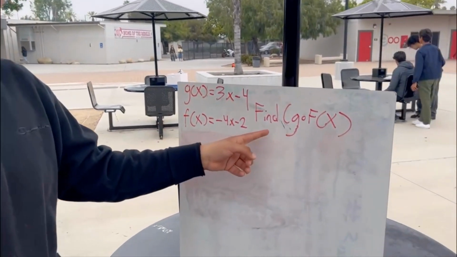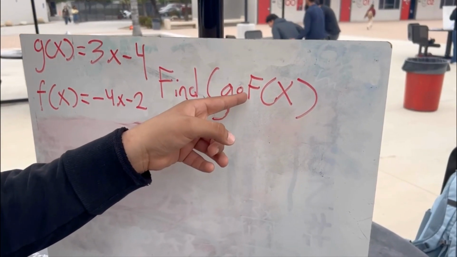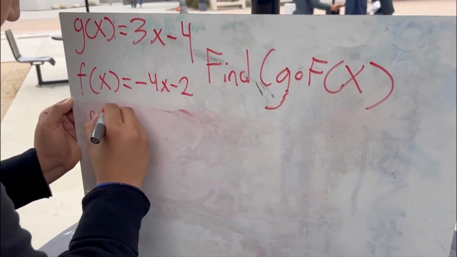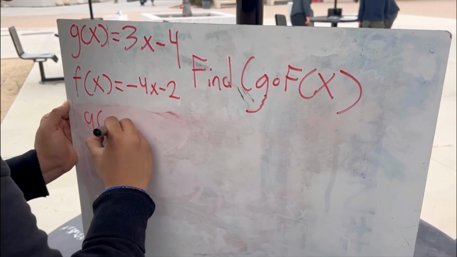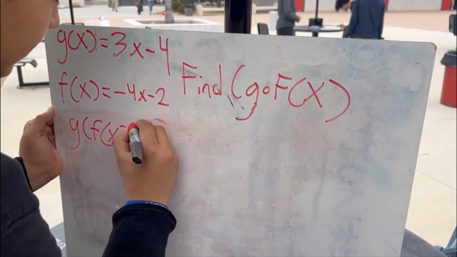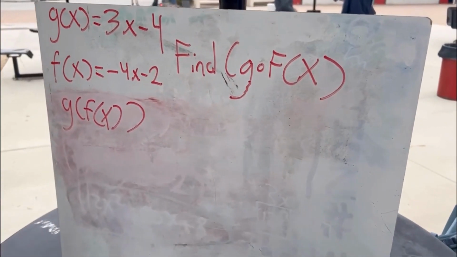So today we're going to find g of f of x. So we're going to put g outside the parentheses, and we're going to put f of x because we're trying to find g of f of x. We put x in parentheses and all of this in parentheses.